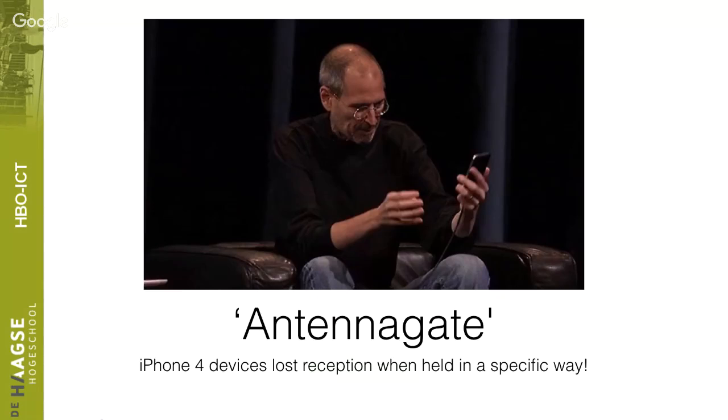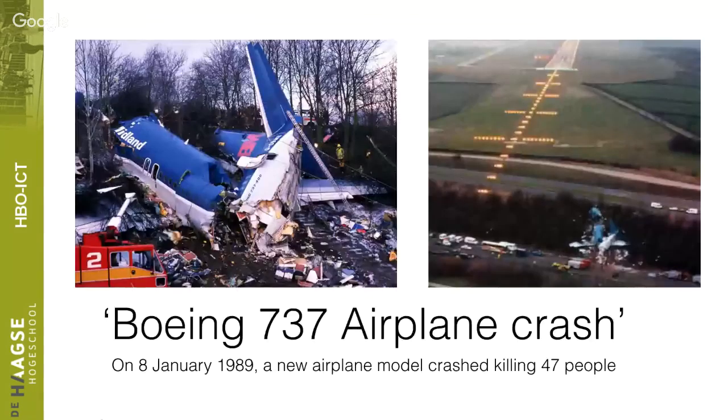To bring it to a more serious note, to show how important usability studies are, this is an airplane crash in 1989 where 47 people died. It was really tragic because the plane had problems and the pilot and the co-pilot were trying to fix it, and they went to the nearest landing runway, and they almost made it.